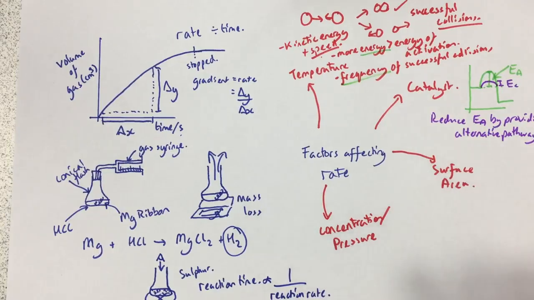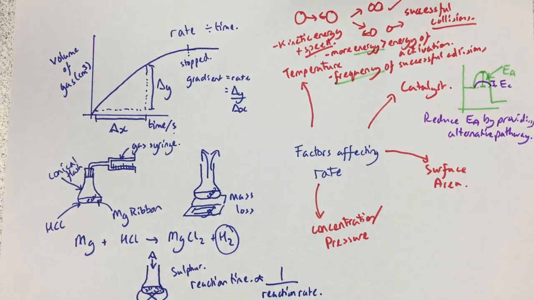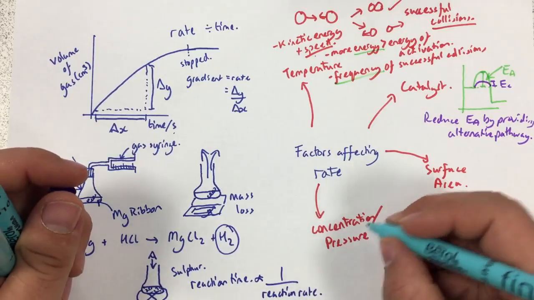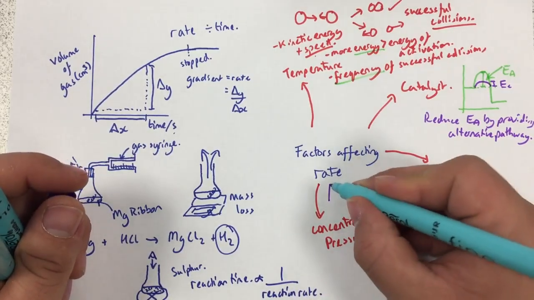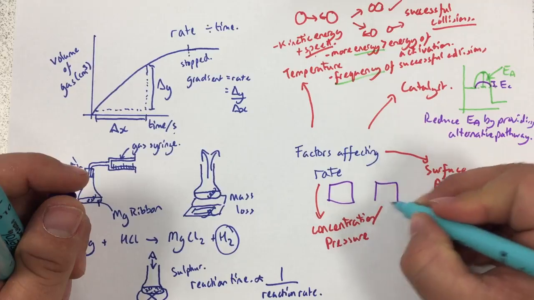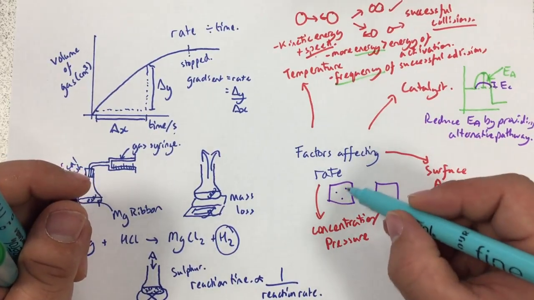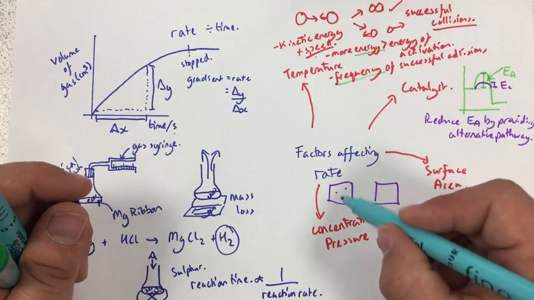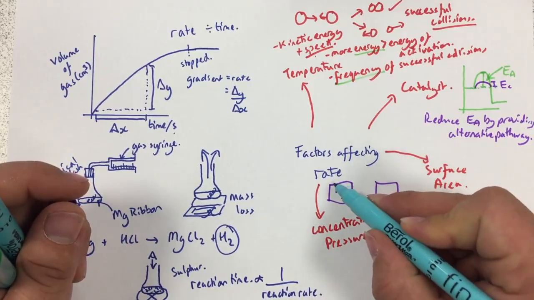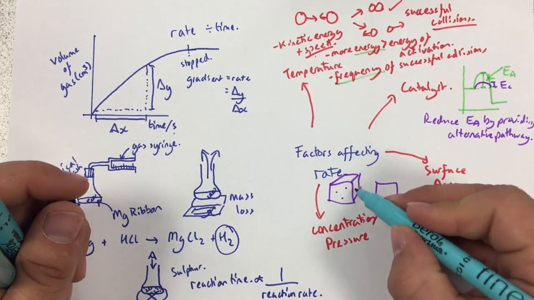For the last 2 points, I'm going to group these two together because concentration and pressure is always explained with 2 points. Firstly, what we mean by concentration and pressure. So you have to first of all consider two volumes. If I've got a low concentration, it means that I've got a small number of particles in that volume. And we have to say volume because it is, after all, three-dimensional.